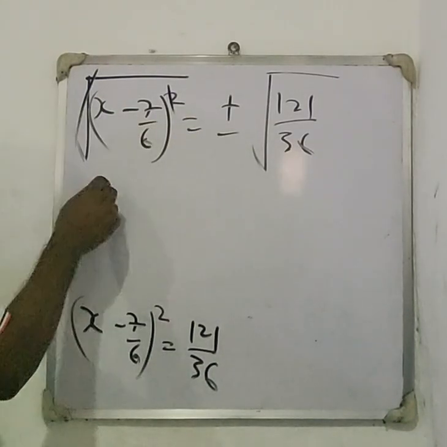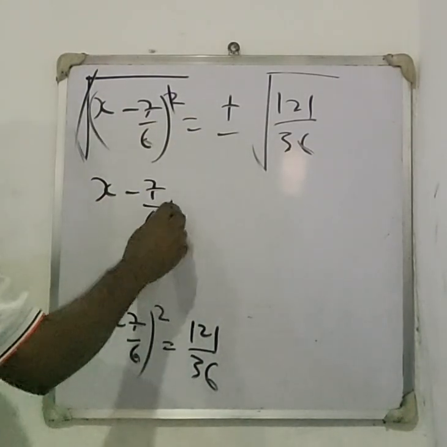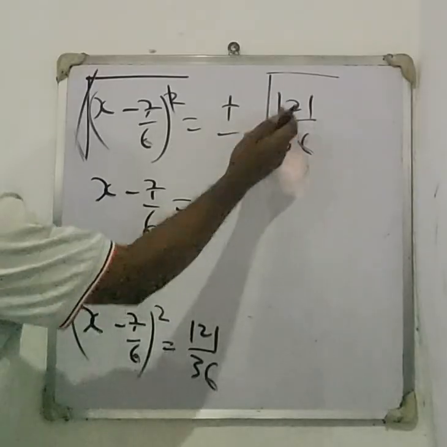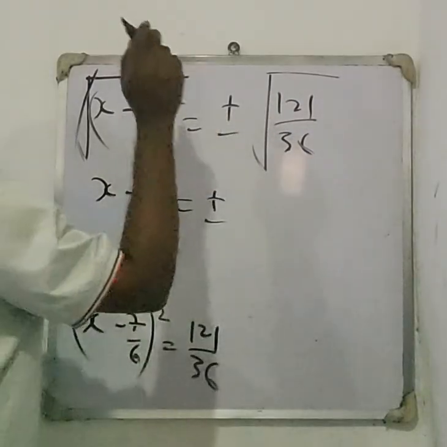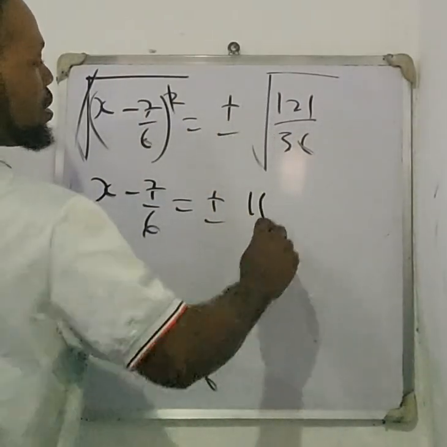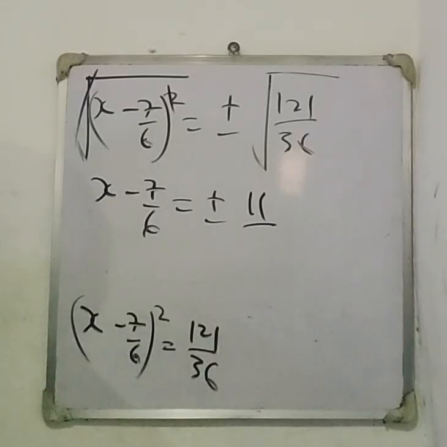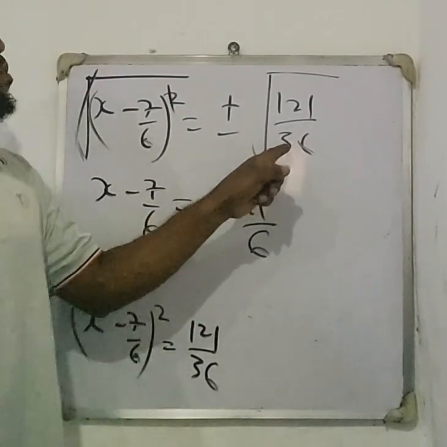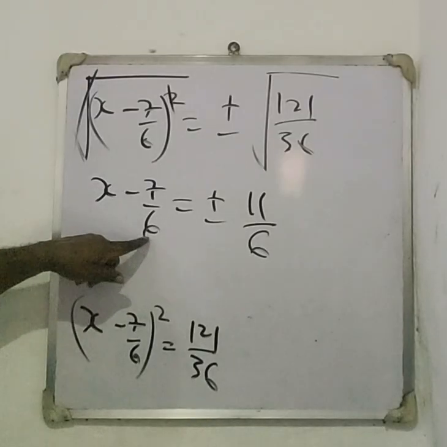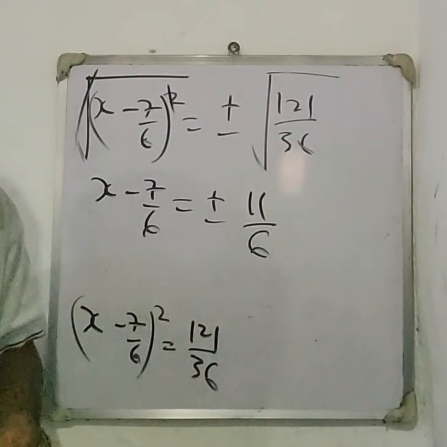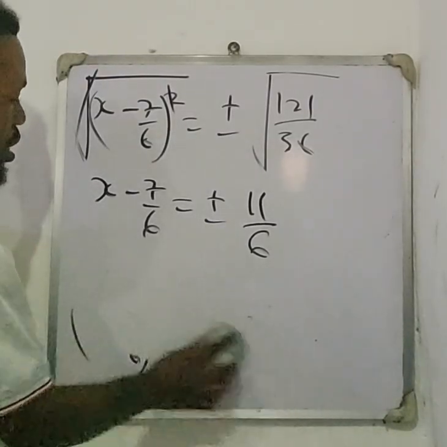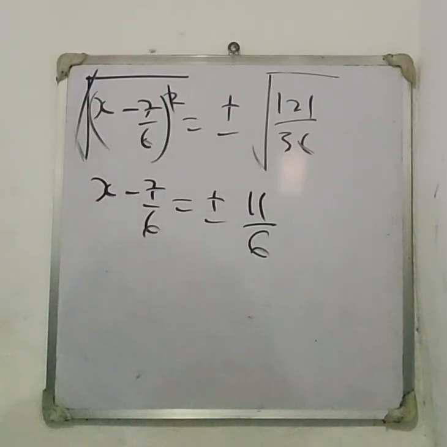And you can easily access x minus 7 over 6 equal plus or minus. We have a perfect square here, up and down. The square root of 121 is 11. The square root of 36, you get a 6. You can see now, the square root from this one gave us exactly what we have here. It shows that what you have been doing so far is perfectly correct. That is how you know that it is perfectly correct.